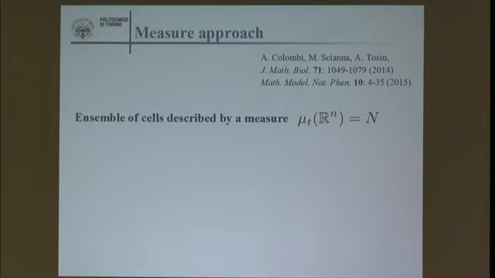One of the ideas that we had is to use measures to describe this kind of thing, because a measure can be, of course, a delta function, say discrete cells, or can be just absolutely continuous. And we can merge the two things.